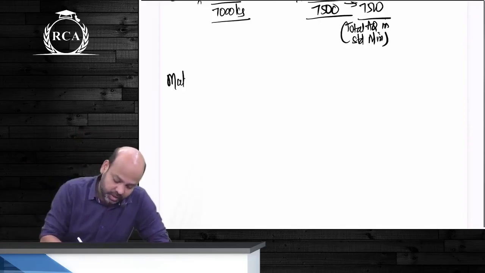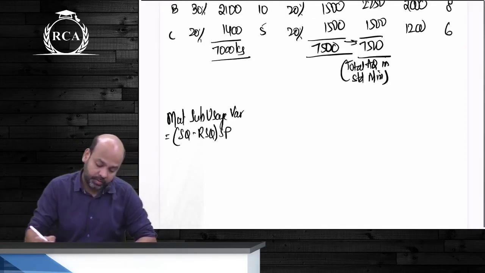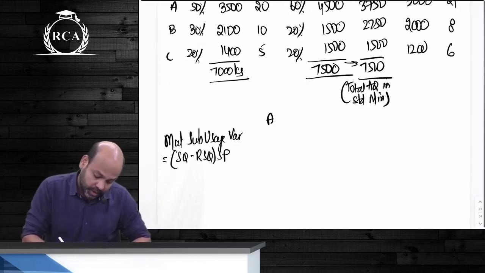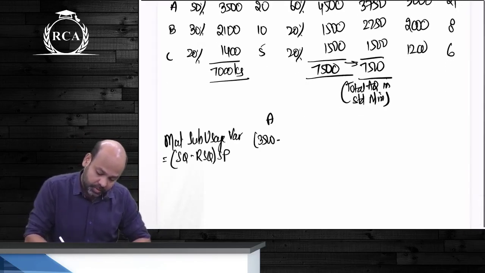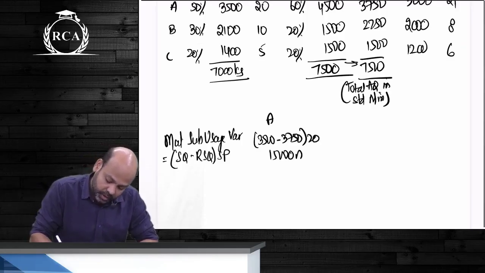First is material sub-usage variance. How will you compute it? SQ minus RSQ multiplied by SP. For raw material A, it will be 3,500 minus 3,750 multiplied by 20, 15,000 adverse.